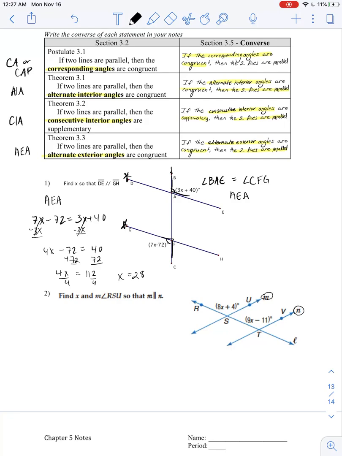And number 2, it says find x and angle RSU so that M and N are parallel. So we want to make it so that these two lines are parallel. For angle RSU, we're given 8x plus 4.